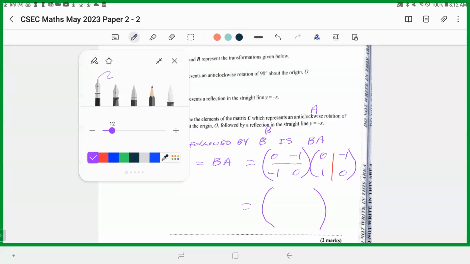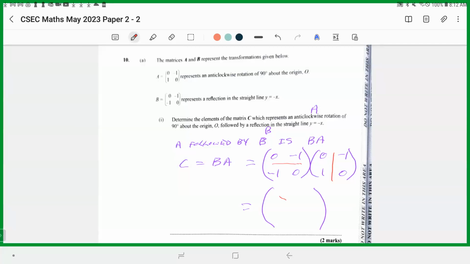All right, so let's do it. So the first 4 values we're going to get. First value here is in the first row, first column. So to get that first value, we're using this first row with this first column. First element times first element, second element times second element.